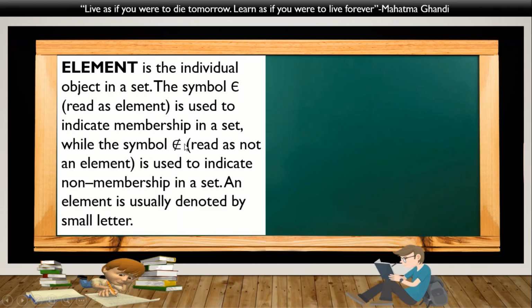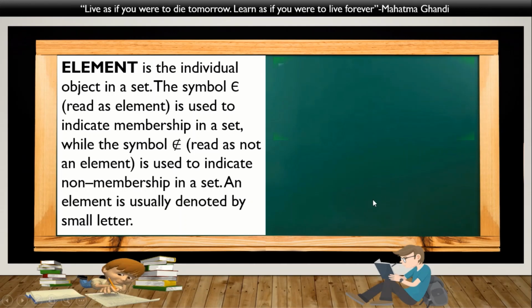While this symbol, which looks like letter E but with a slash, is read as not an element. It is used to indicate non-membership in a set. An element is usually denoted by a small letter. Tandaan, kapag element ang pinag-uusapan, kung letters ang ating gagamitin, it must be written in small letter.